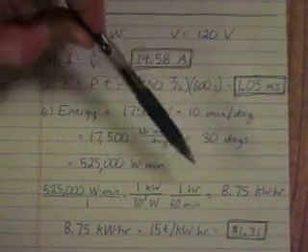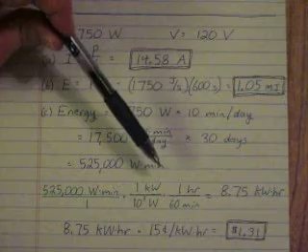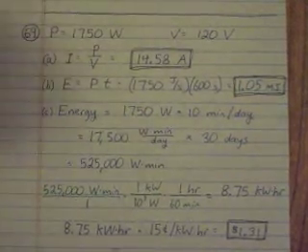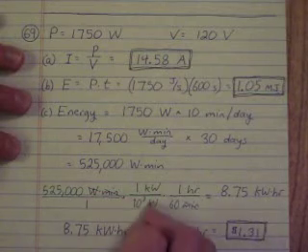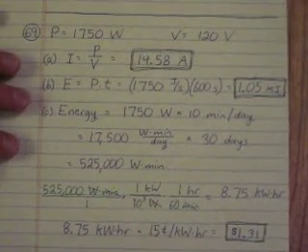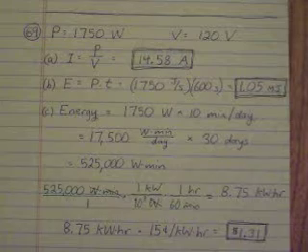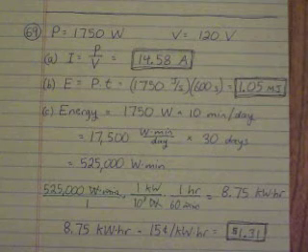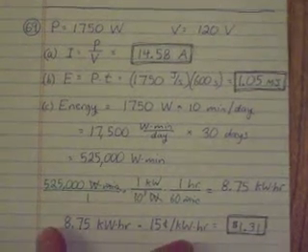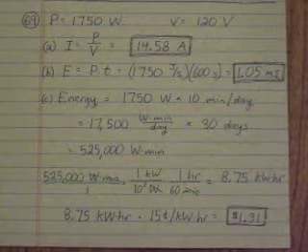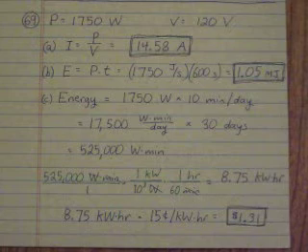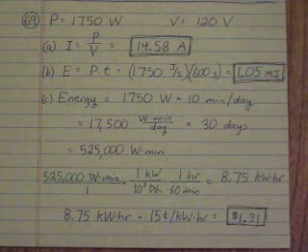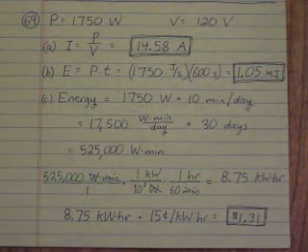To get rid of minutes, we have 1 hour over 60 minutes. Minutes divide out, watts divide out, and we're left with kilowatt hours. And so we have 8.75 kilowatt hours. The electric company charges 15 cents per kilowatt hour, so that's going to be $1.31.